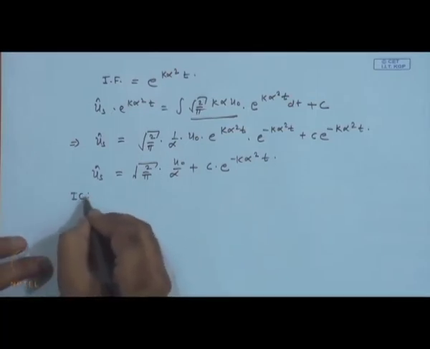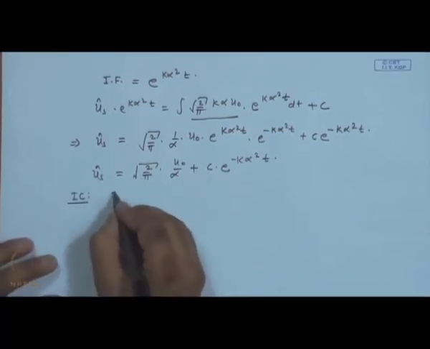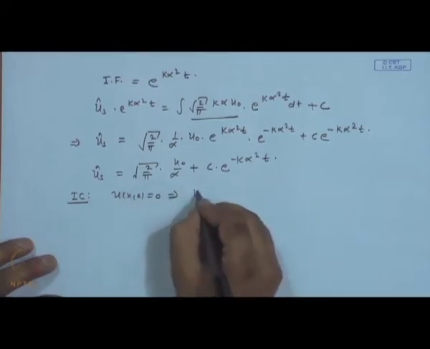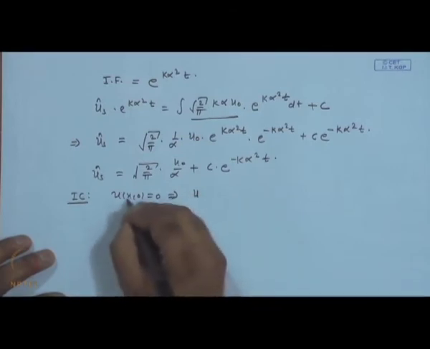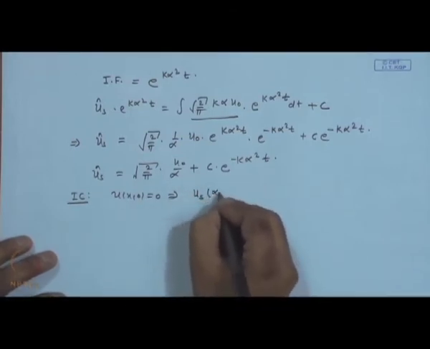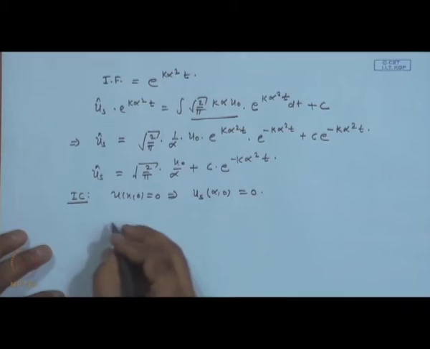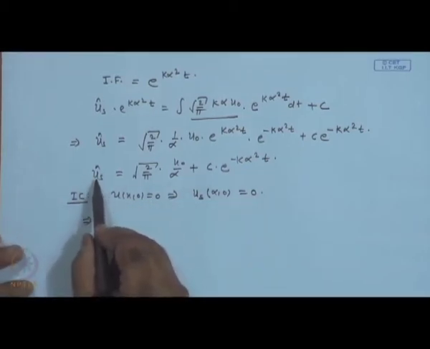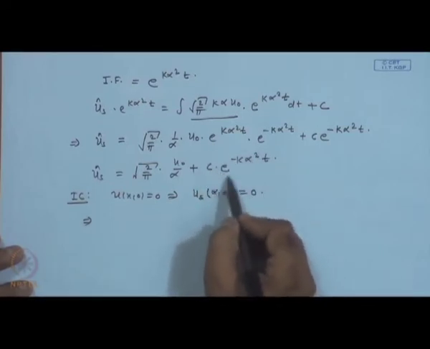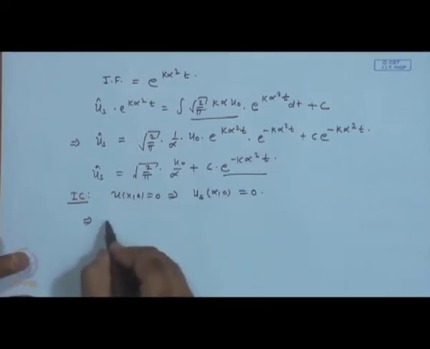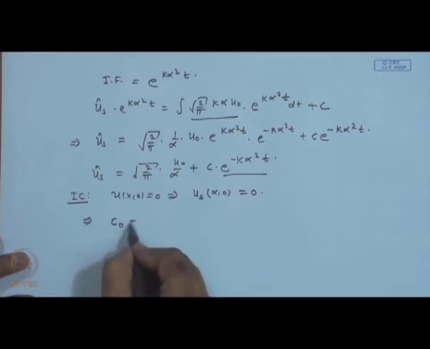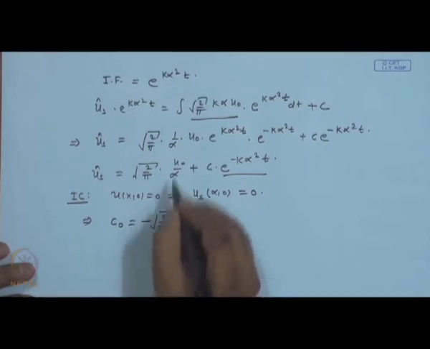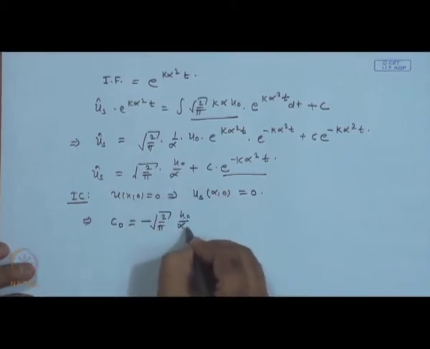Now, to get this constant from the initial condition, we have u(x, 0) is 0, that is given. If we take the Fourier sine transform with respect to x, we will get u_s hat of alpha, 0 is 0. So, with this condition, if we set t to 0, the exponential will be 1, and we have c naught. So, this implies that c naught is minus square root 2 over pi times u naught over alpha.